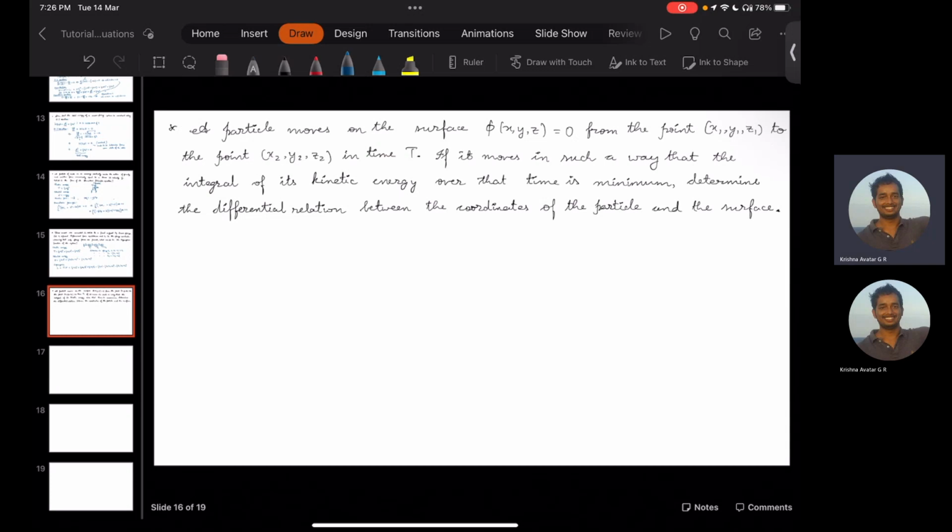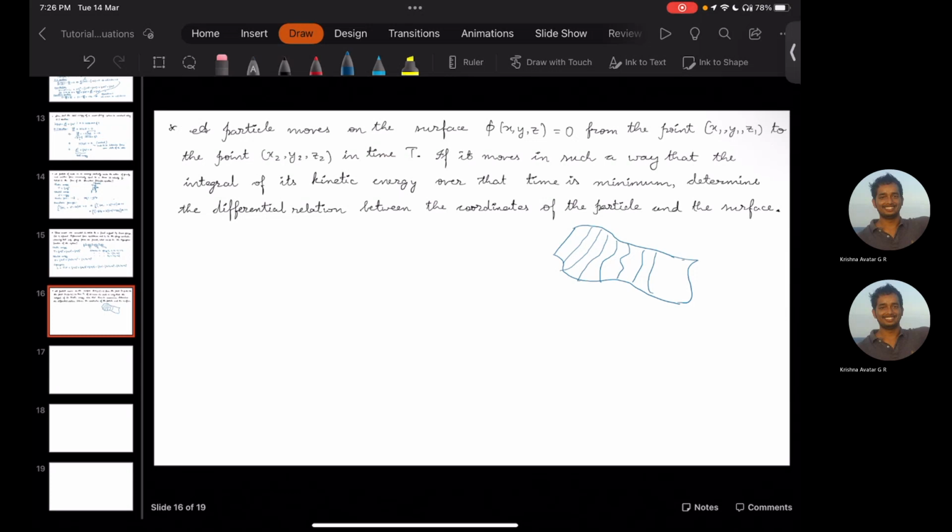Okay, so we have some surface. If I draw a schematic of the problem, this is our surface, some arbitrary surface, denoted by phi(x, y, z) = 0. A particle is required to move from this point x1, y1, z1 to another point x2.